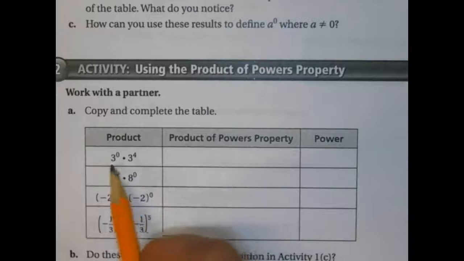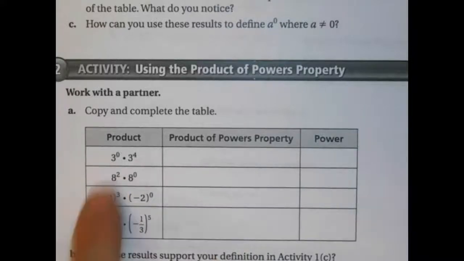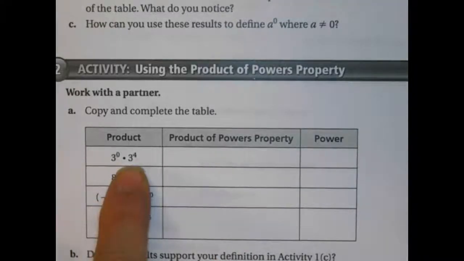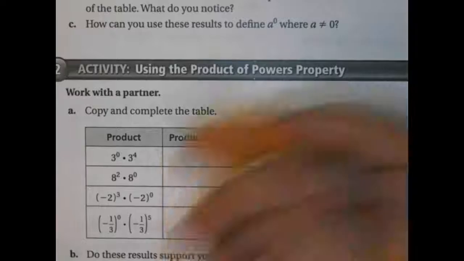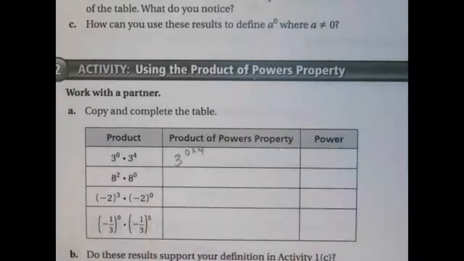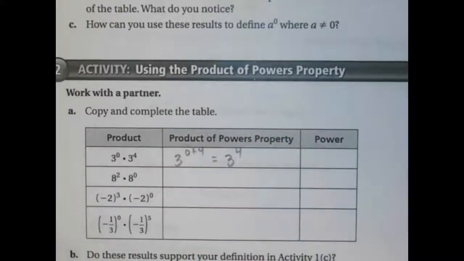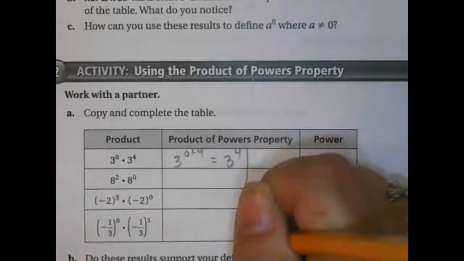All right, so here we have 3 to the 0 times 3 to the 4. What do we know about our exponents when we're multiplying the same base? What do we do to them? We add them, right? So I could say 3 to the 0 plus 4, which is 3 to the 4th, right? I can also look at this a different way. I'm going to draw a line here.